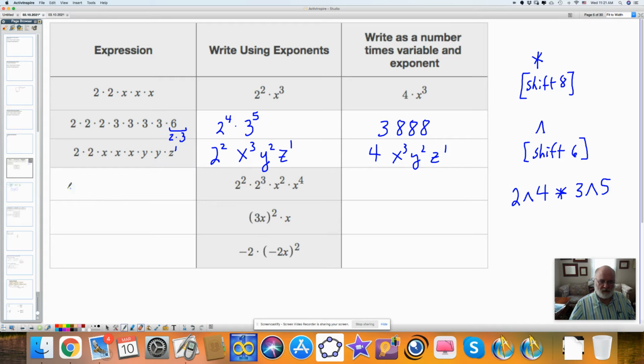For these, if I write this out, I have 2 times 2 times 2 times 2 times 2 times x times 1, 2, 3, 4 x's. Total of 6 x's. And what is 2 times 2? 4 times 2 is 8, times 2 is 16, times 2 is just 32.